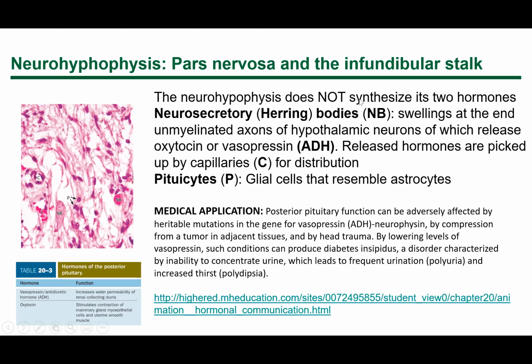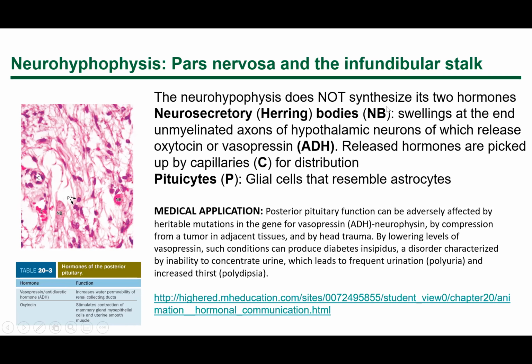So one thing to point out, and this is something that I emphasized last class because I was trying to stress the difference between the communication between the hypothalamus and the pituitary. But the neurohypophysis does not make the hormones that it releases.